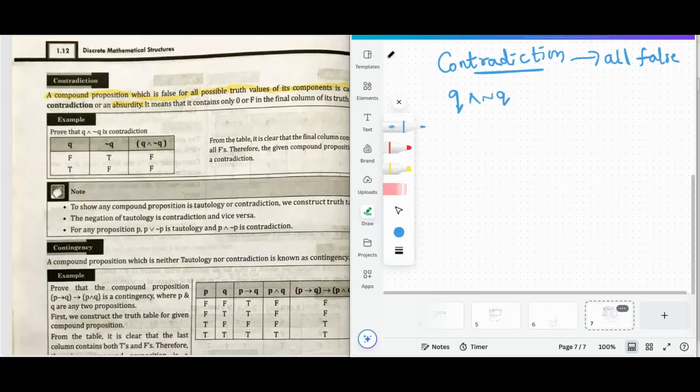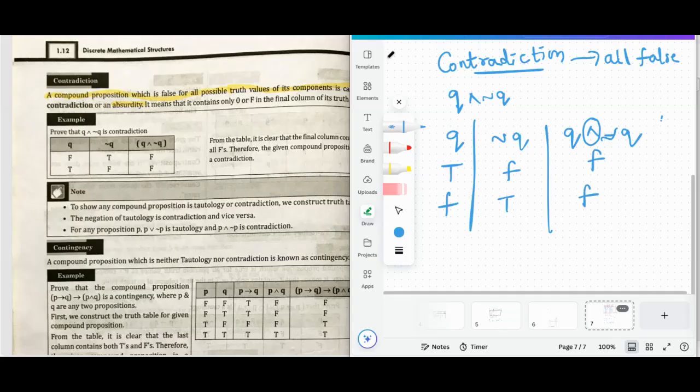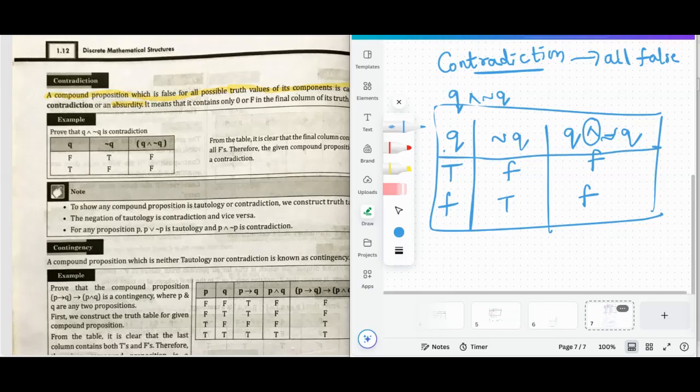Let us take Q and negation Q. Q is T, negation Q is F; then F and T. The AND condition requires T and T to give T. We don't have T and T here, so both answers are false. Since the values given here are false, the given proposition is a contradiction.